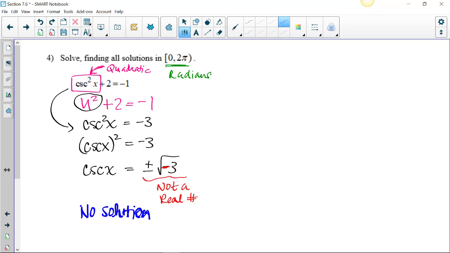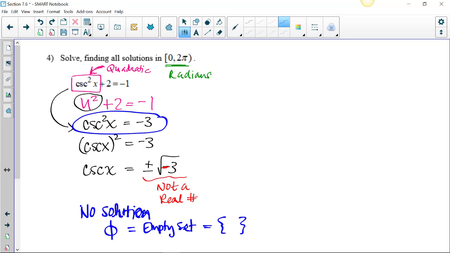There's no solution, or we could say the empty set. Another way of writing the empty set, remember, is to do the braces with nothing in the middle. Now if you caught that back here, that's awesome.